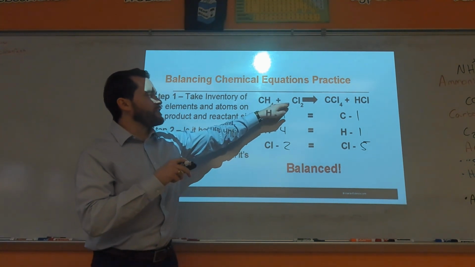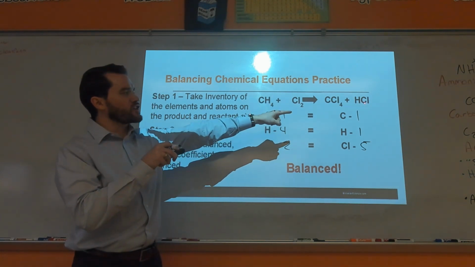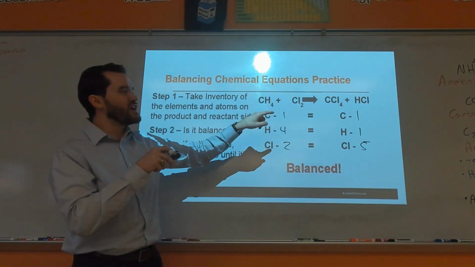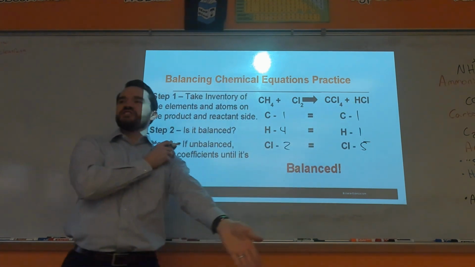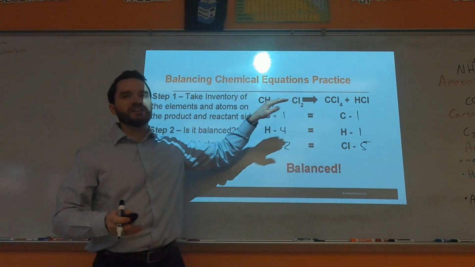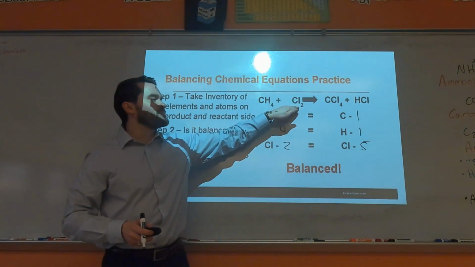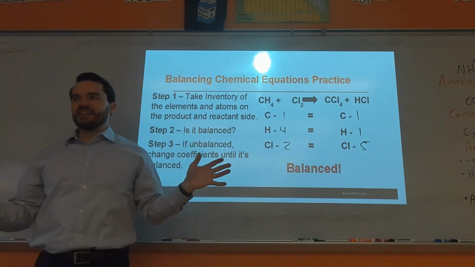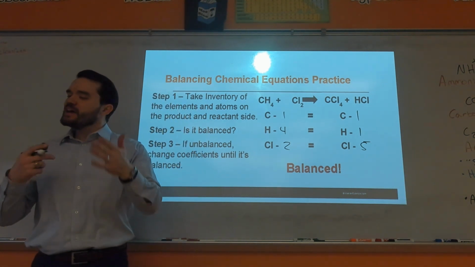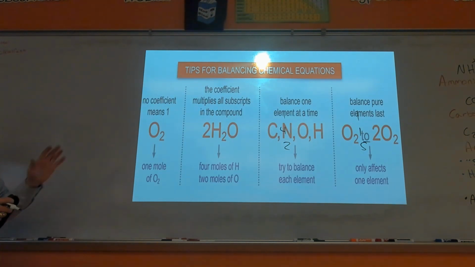Whereas if I try to balance the chlorines first, because over here in our products the chlorines put up the hydrogens, by changing the chlorine here, I also then change the hydrogen. So it makes it more complicated. It's easier to just deal with chlorines last because I have it where over here I can change my chlorine numbers without changing anything else.